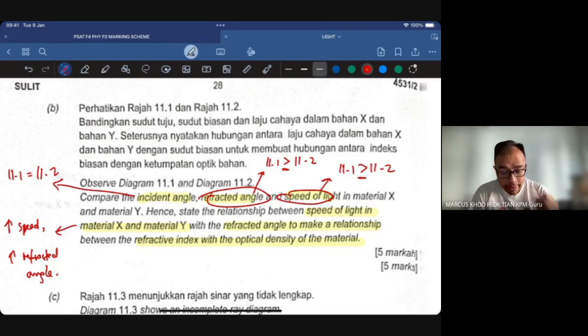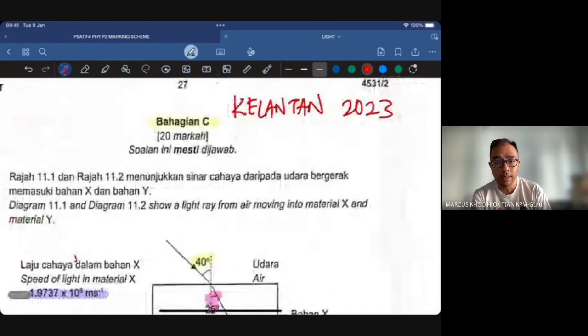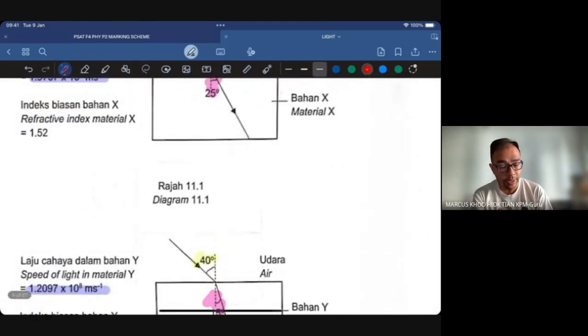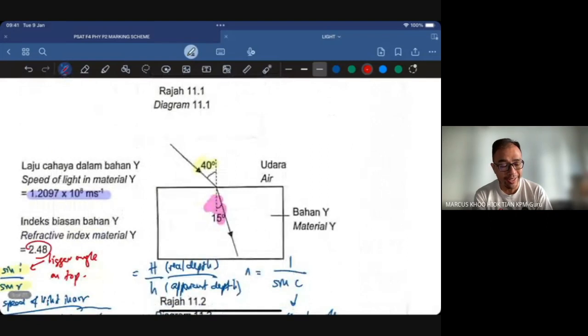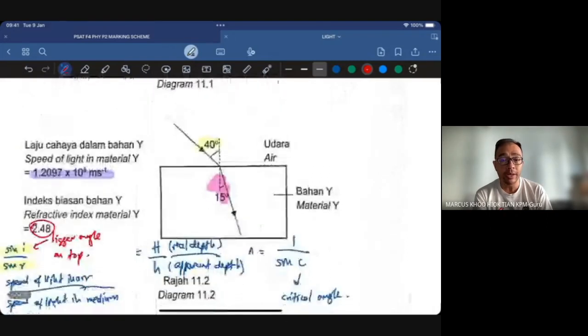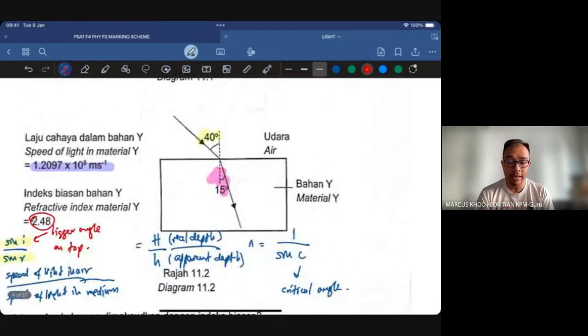The last relationship is refractive index with the optical density of the material. Generally, this is a kind of factual thing.